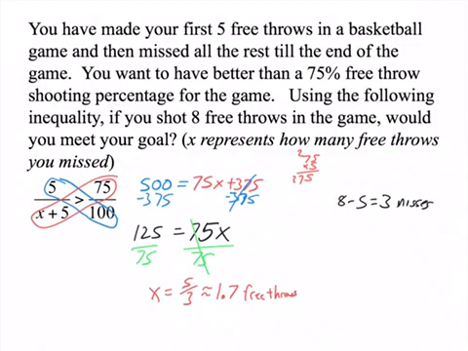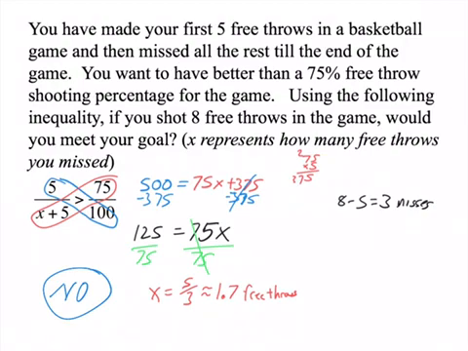According to this, 1.7, is 3 misses going to take me below or above 75%? Doesn't it take me below 75%? Which is a big fat no. You did not make your quota.